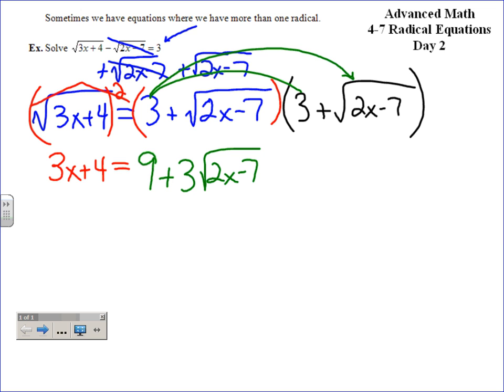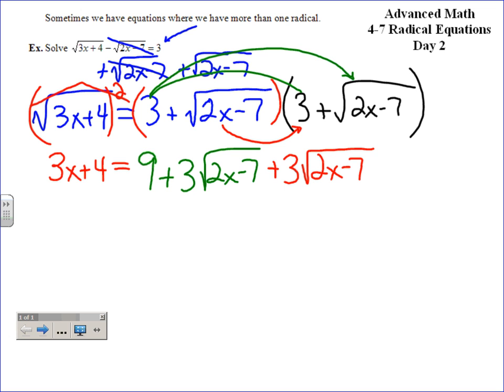Are there any questions on how I distributed that blue 3 with the green arrow? No? Well, we have a blue square root of 2x minus 7 that we also have to distribute. So let's take that times 3. So basically I have another one of those. Now this is the one that normally causes the most difficulty for people.